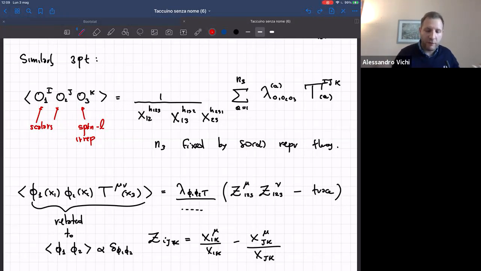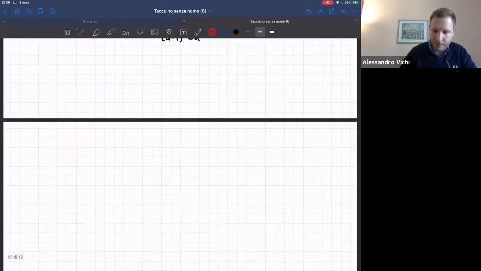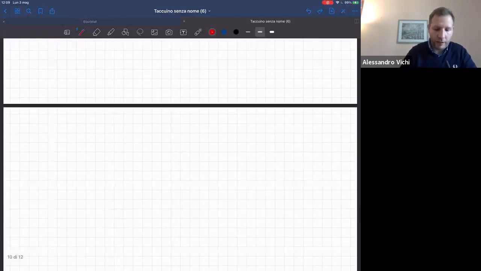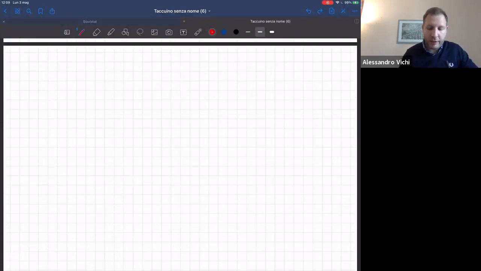Of course, in principle, it can be done for every triplet of representations, it just becomes more complicated the more complicated the representation is. All right. The final comment that I would like to make is that once you start going to higher point correlation functions, conformal covariance and the conformal transformation is not enough to fix the form of the correlation function.